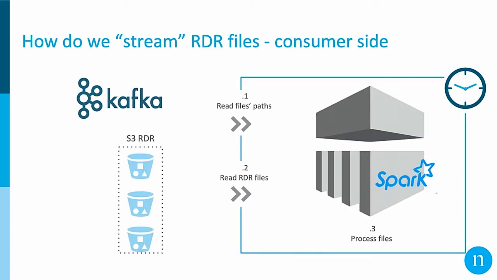On the consumer side, we have Spark batch applications that consume the file names from the designated Kafka topics. They can read the actual files from our data lake based on what they just read from Kafka, and then they can process the files and do whatever transformations and aggregations they want on top of it.